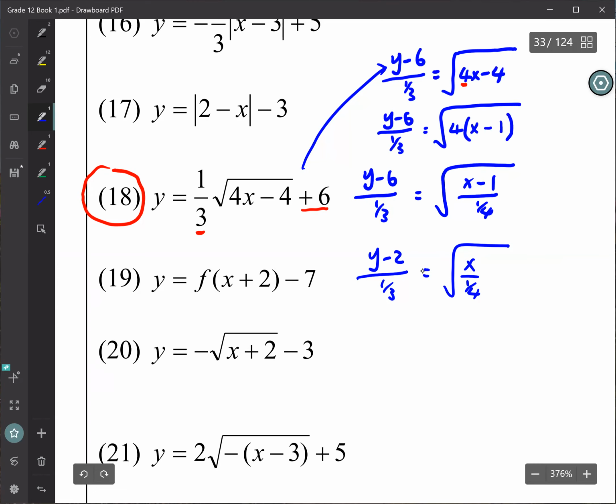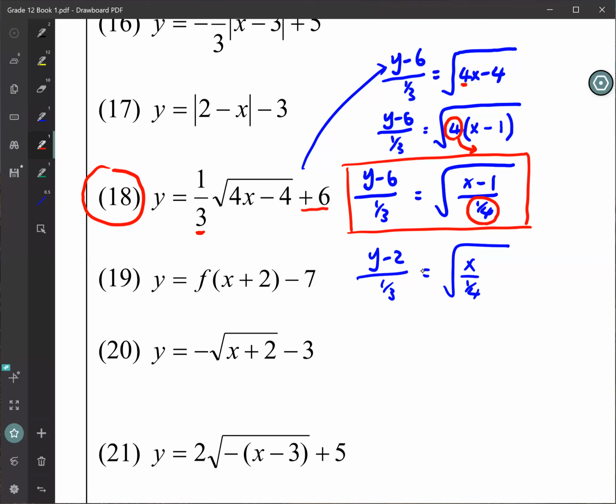So x minus 1. After that, you move the 4 under, and that gives you 1 over 4. Are we getting better? So this should be the correct answer. And once you get there, you talk about RST.